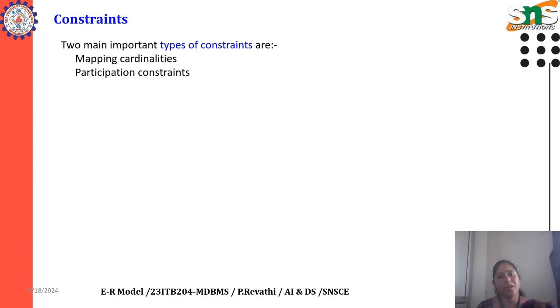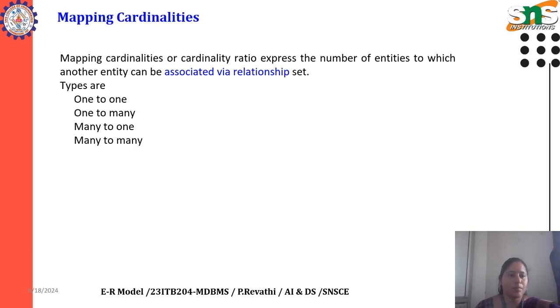Constraints. Two main important types of constraints are mapping cardinalities and participation constraints. Mapping cardinalities, or cardinality ratio, express the number of entities to which another entity can be associated via a relationship set.